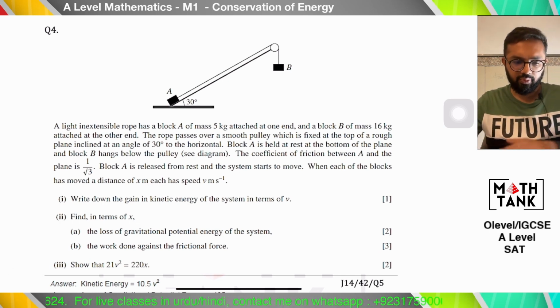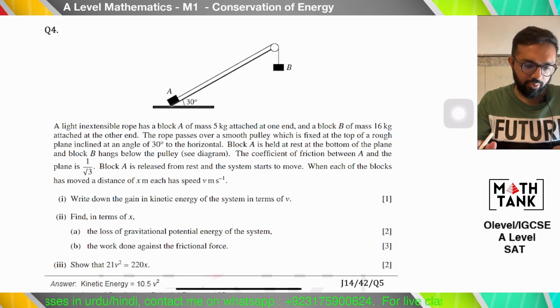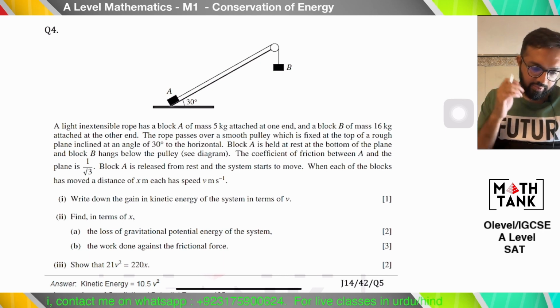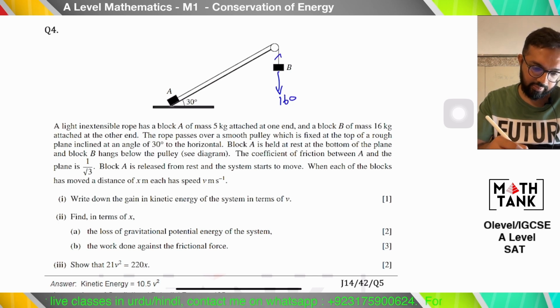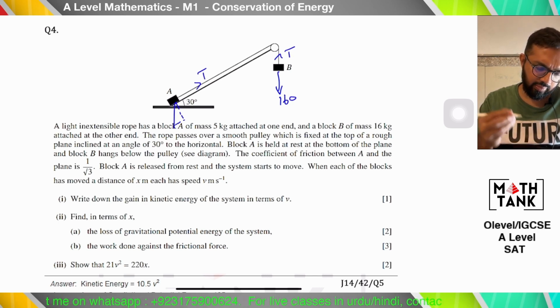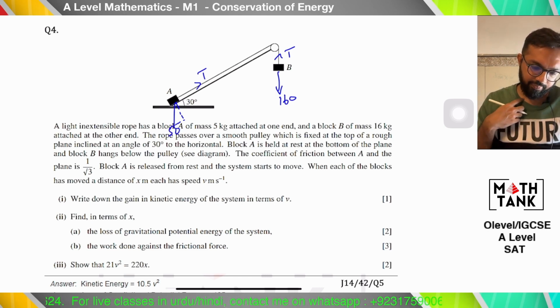Question 4. A light inextensible rope has a block of mass 5 kgs attached at one end and a block of mass 16 kgs. Block A is held at rest at the bottom of the plane and block B hangs below the pulley.